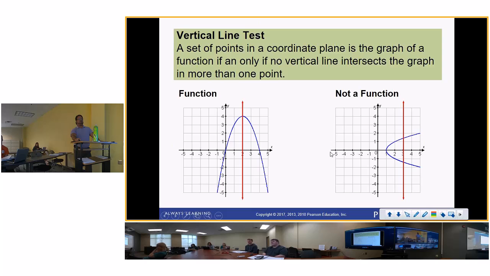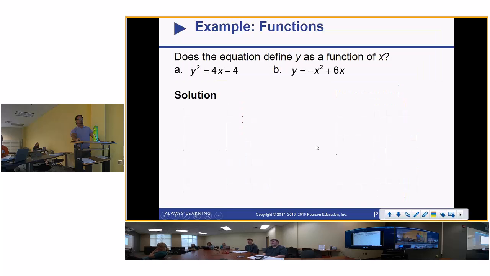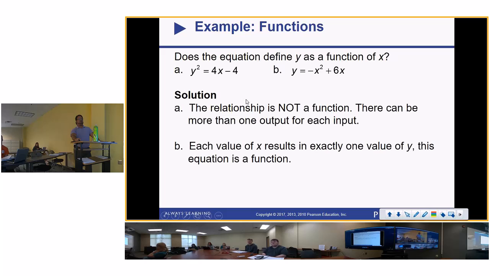Oh, they wanted the parabola, not the... Okay, I'm sorry. This is a hyperbola. I thought they wanted to solve for x. I meant for y. My mistake. It should be the square root of 4x minus 4, but they don't want you to do the positive. They want you to do the whole thing, and that's why they got a hyperbola.